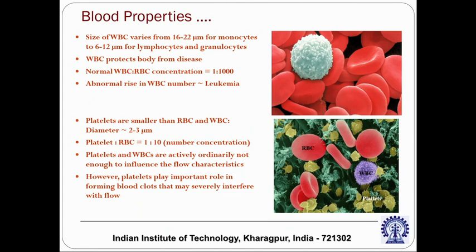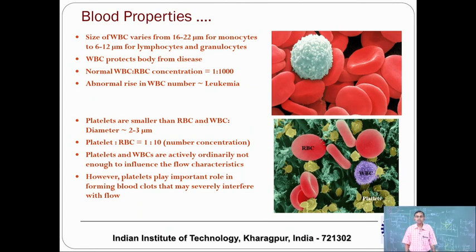So, the red blood cell is what commonly affects the flow dynamics. If somebody asks you what aspect of the blood affects the dynamics of flow, the most important aspect is the inclusion of the red blood cells.